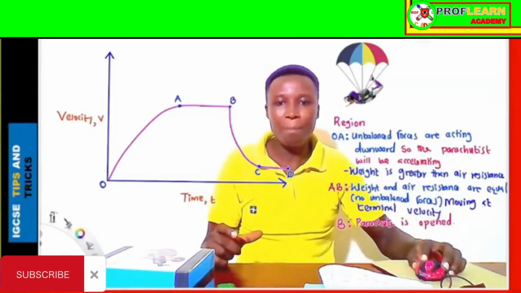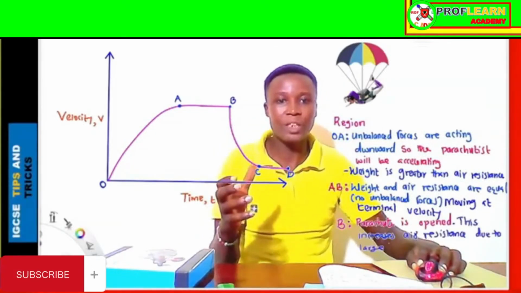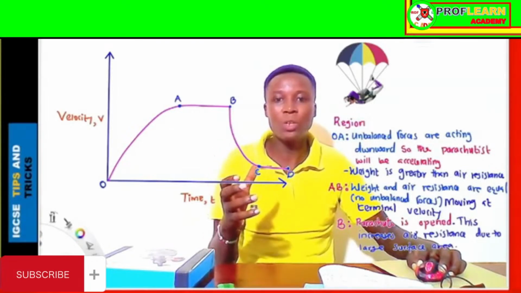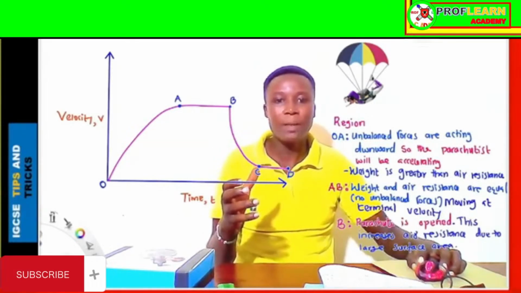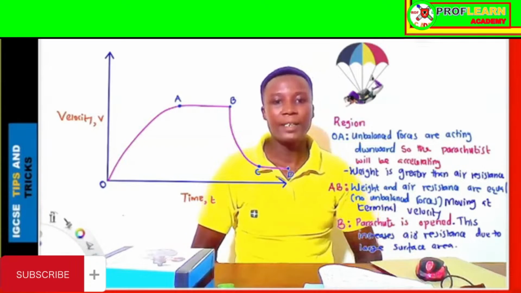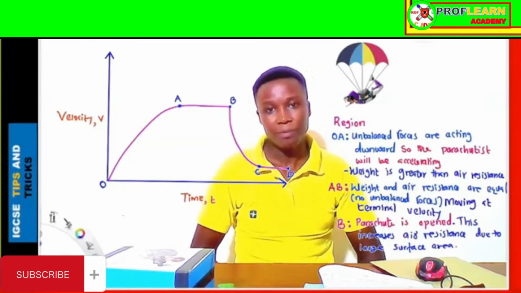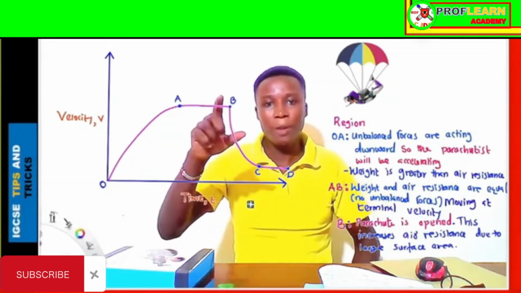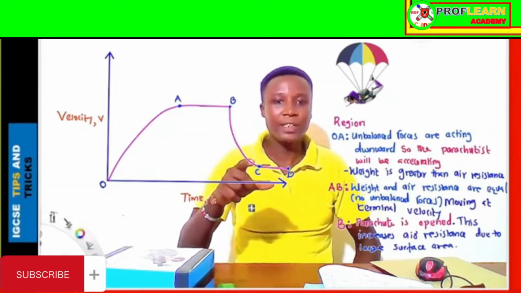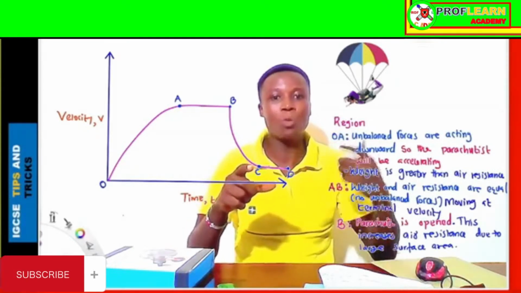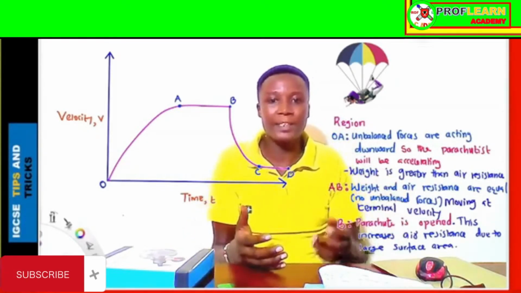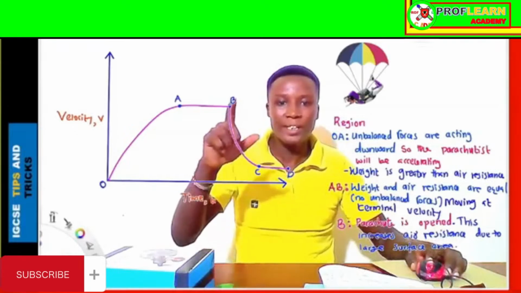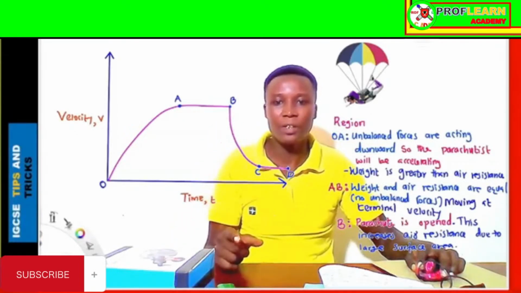So the speed of this parachutist is going to decrease gradually because of a large surface area. So in the region BC, air resistance is going to be greater than the weight, which implies that the person will be decelerating in this region.